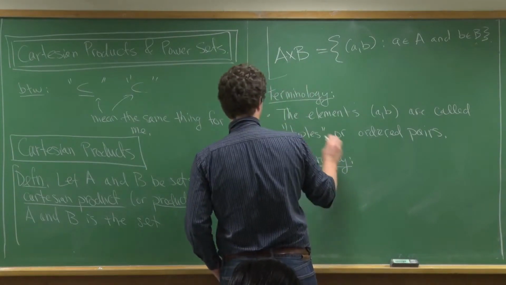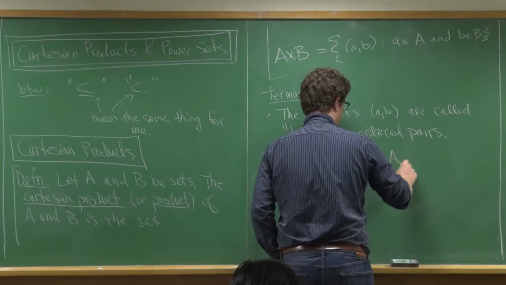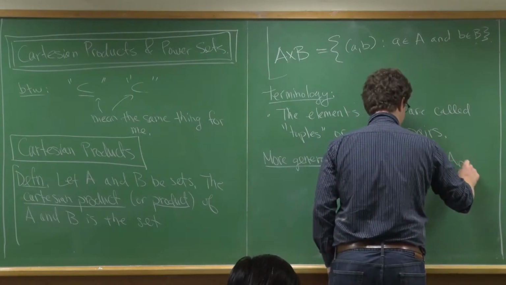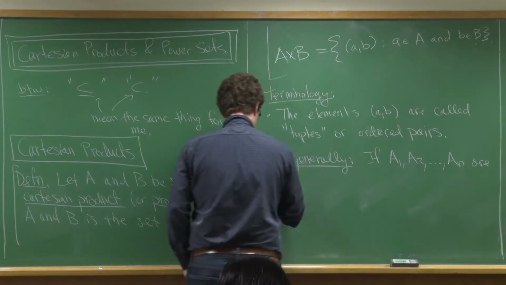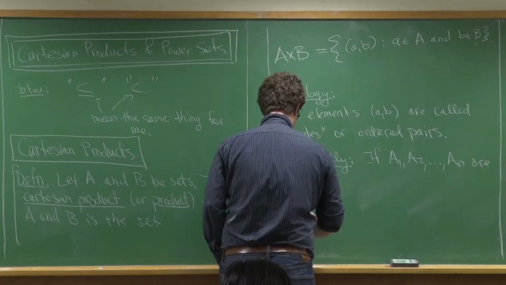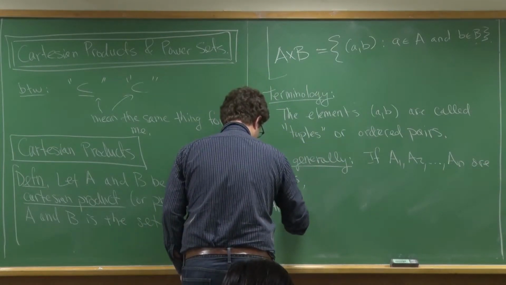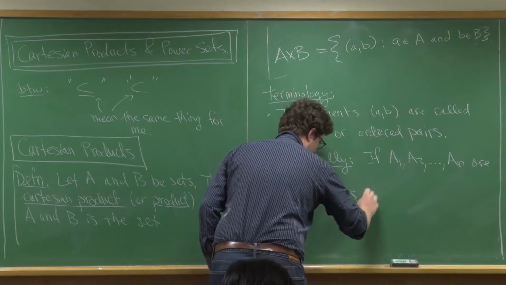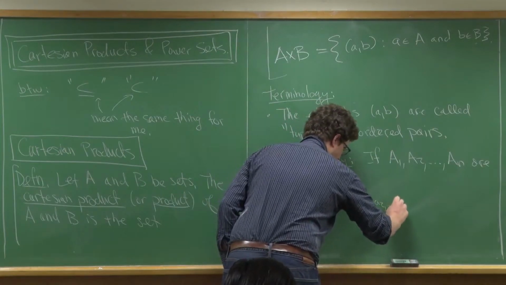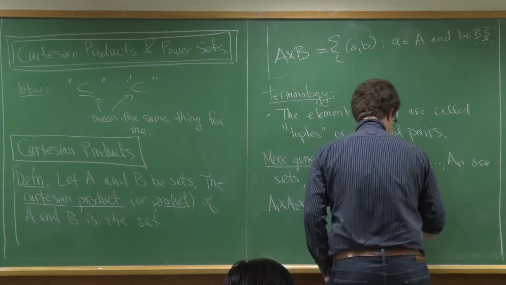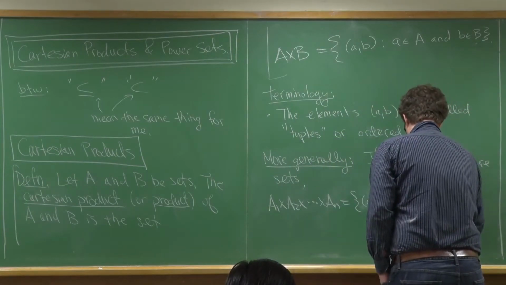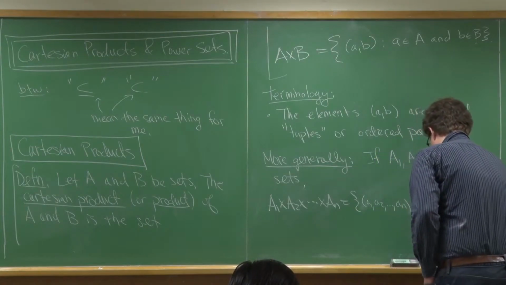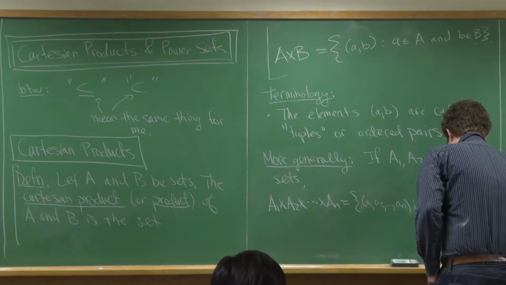If A1, A2 through An are sets, then A1 cross A2 cross through An is the set of (a1, a2, through an), where ai is an element of Ai for i equal to 1, 2, all the way up to n.